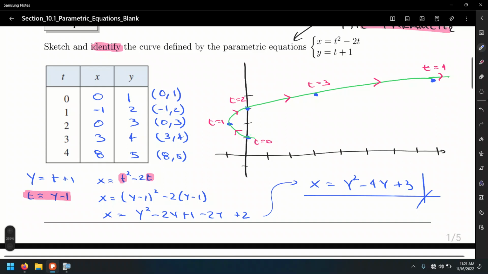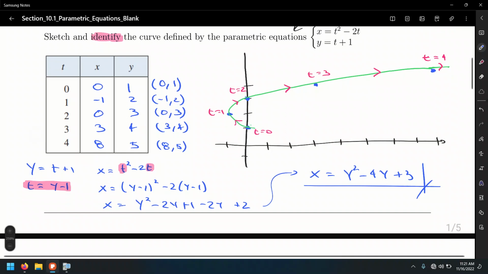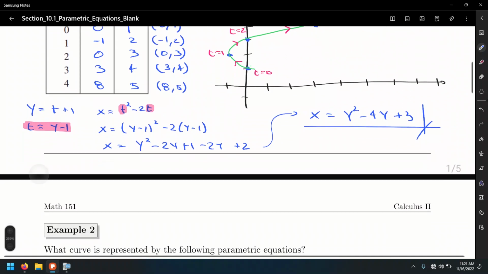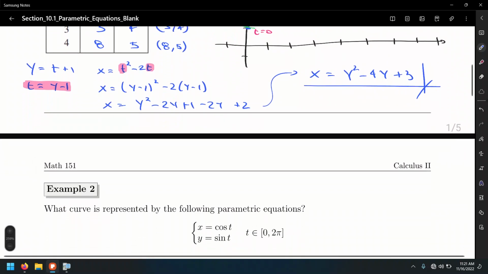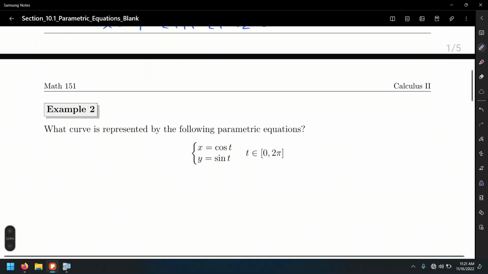So we're going to focus on parameterizing circles in the next couple of pages. I don't think we're going to have enough time today to parameterize equations of lines, which we'll do next time.